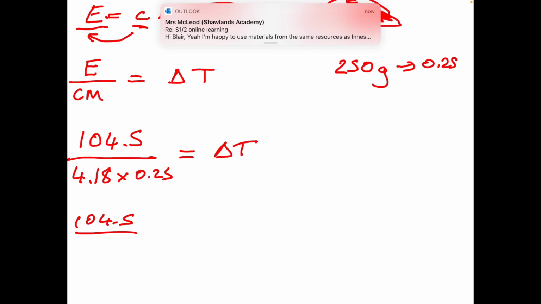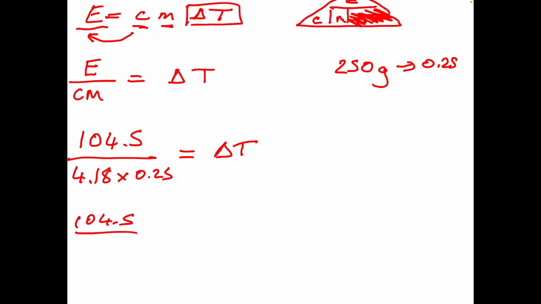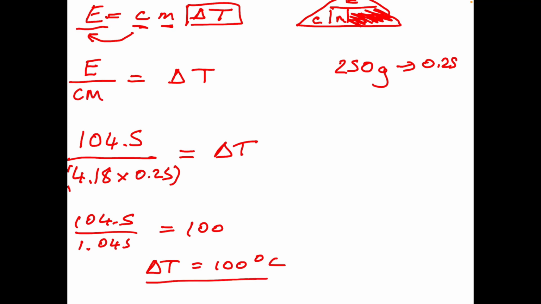I would do this as if it was a bracket and work out what this is first, and then that gives you a nice easy division to do. So 4.18 times 0.25 is actually 1.045. So that means 104.5 divided by 1.045 is actually 100. So our delta T is actually 100 degrees Celsius.